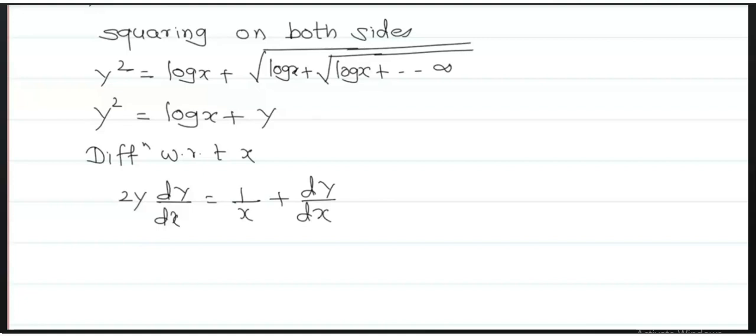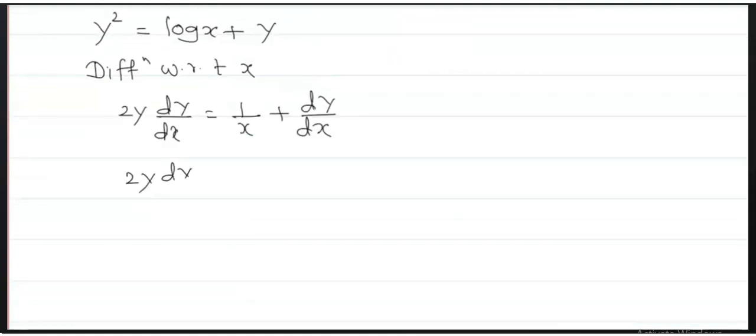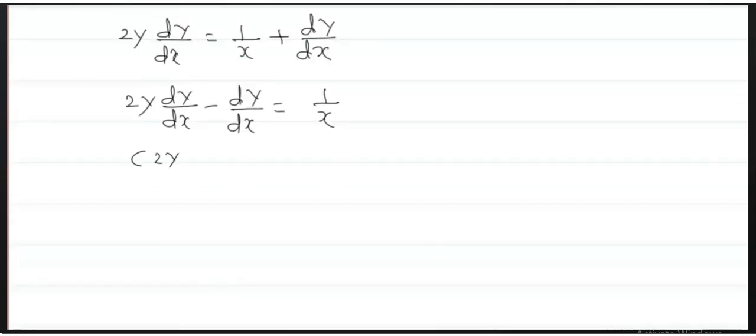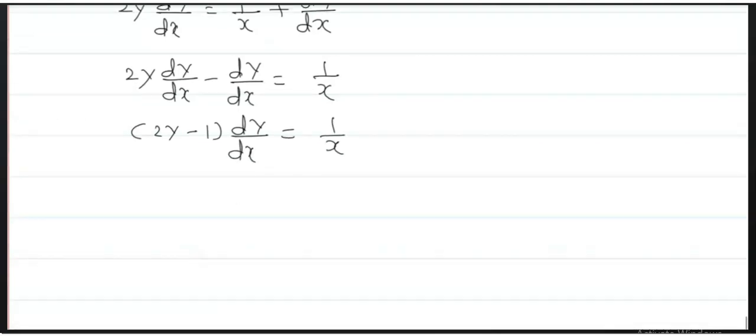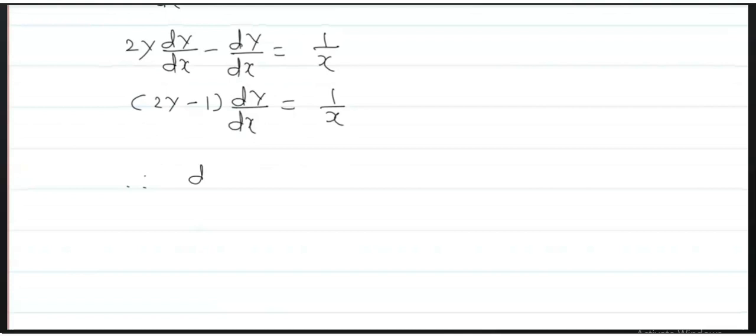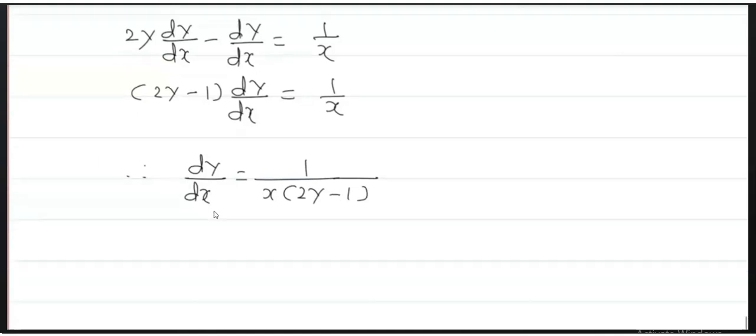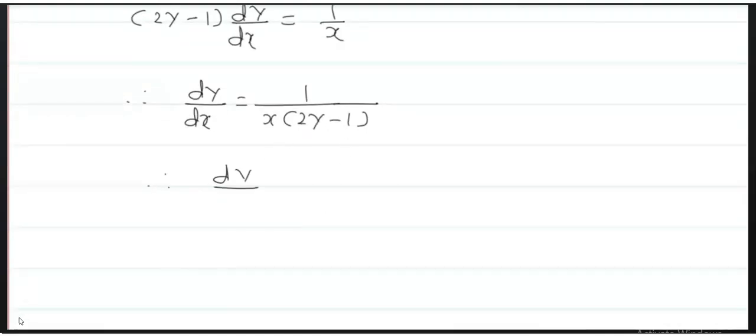Log of x is 1 upon x and y is dy by dx. Collect the terms of dy by dx, that is 2y into dy by dx minus dy by dx is equal to 1 upon x. Take dy by dx as common, then in bracket you will get 2y minus 1 into dy by dx is equal to 1 upon x. Therefore dy by dx is equal to 1 upon x into 2y minus 1.